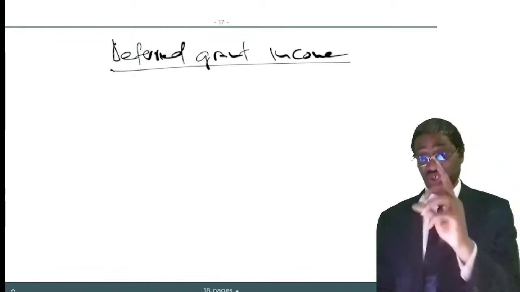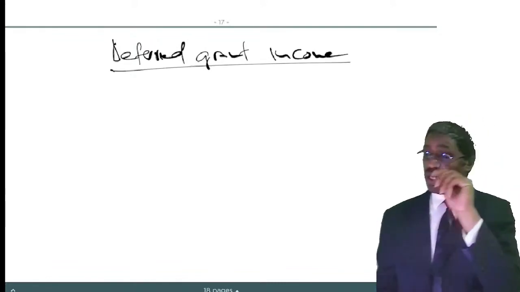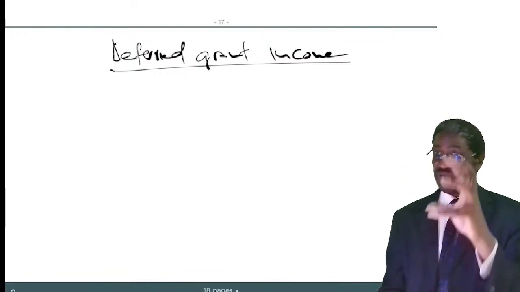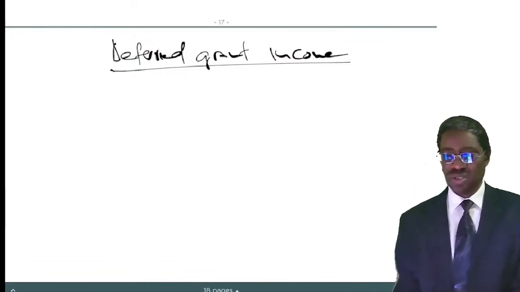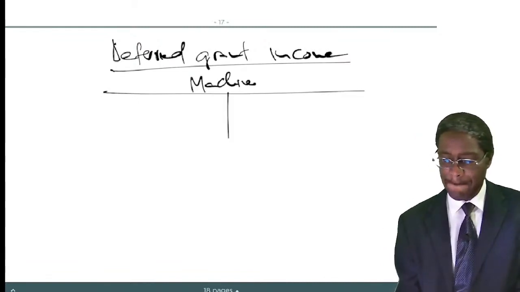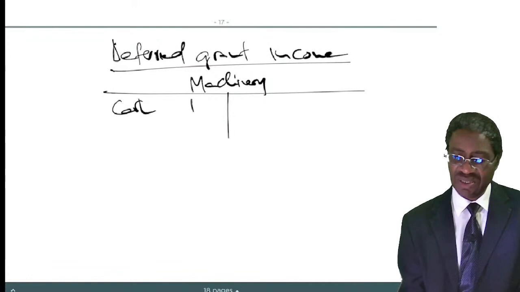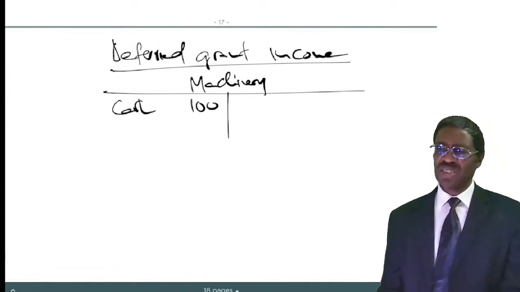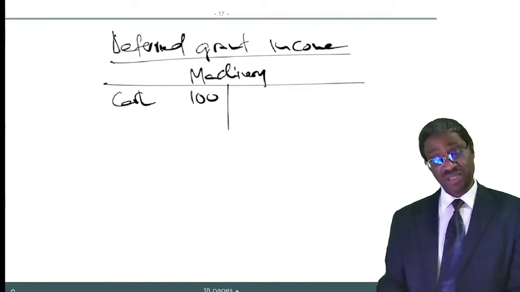Let me illustrate. I want to assume the same figures. You bought a machine for 100 million. You debited your machinery account by 100 and credited cash 100 million. Then the government gave you a grant of 10 million. Listen.